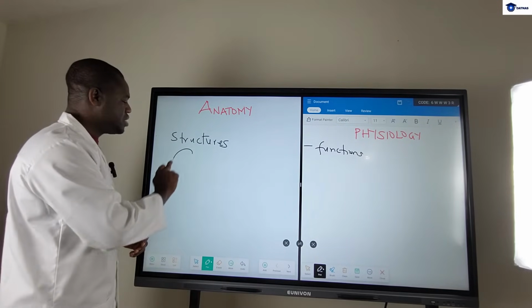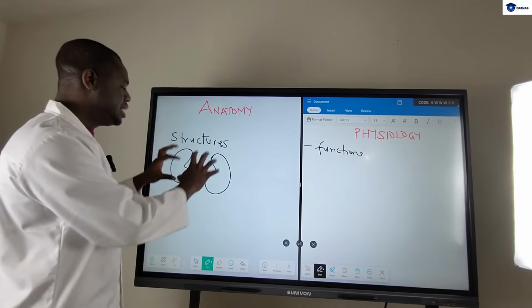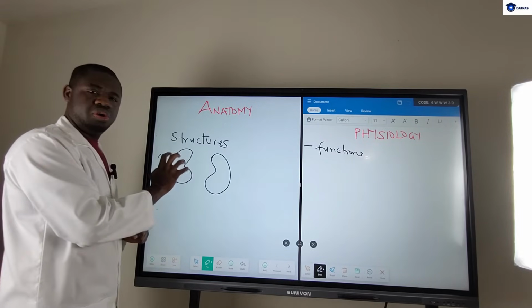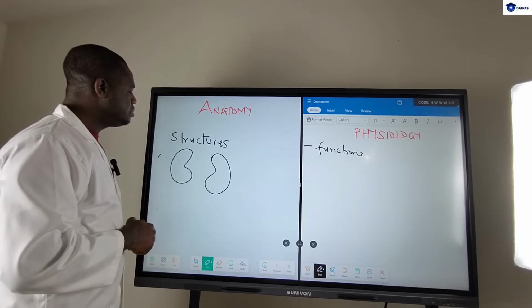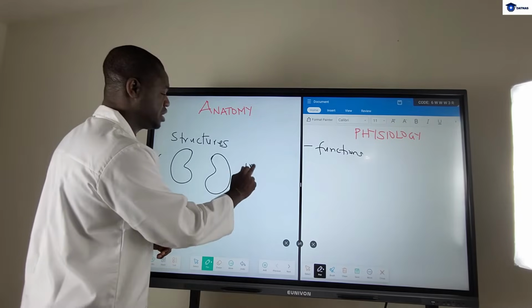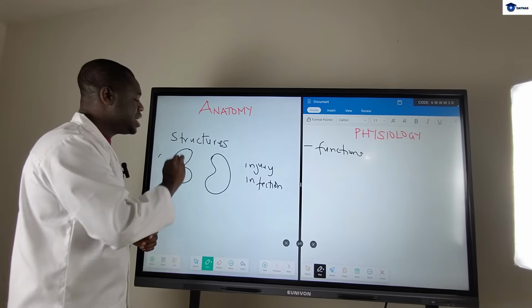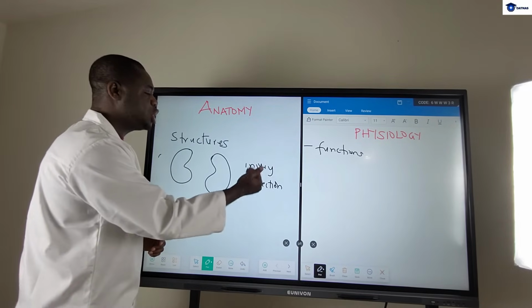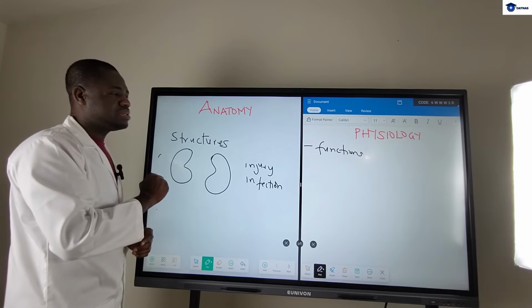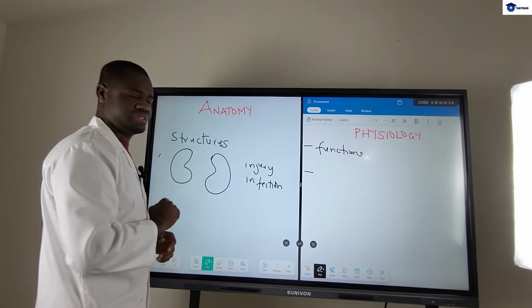This is a kidney, for instance. These are the two kidneys. This is the structure of a kidney. But something happens to the kidney, maybe injury or infection. That means when the kidney is injured or when infection affects the kidneys, it will affect the functionality of these kidneys.